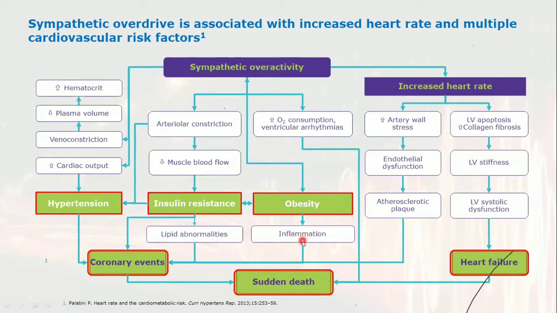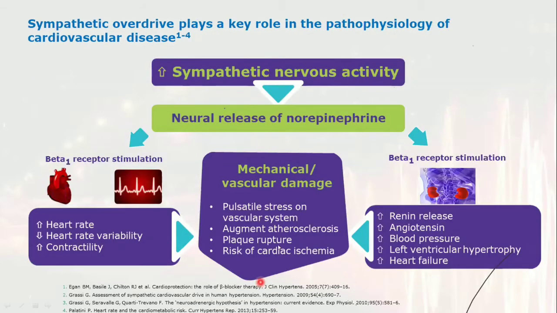That is just, by the way, a comment I made, but the triad here can cause sudden death. It can be because of the heart failure, which is occurring as a result of all these changes and the other changes which occur on the left side here, resulting in coronary events and sudden death in these individuals.